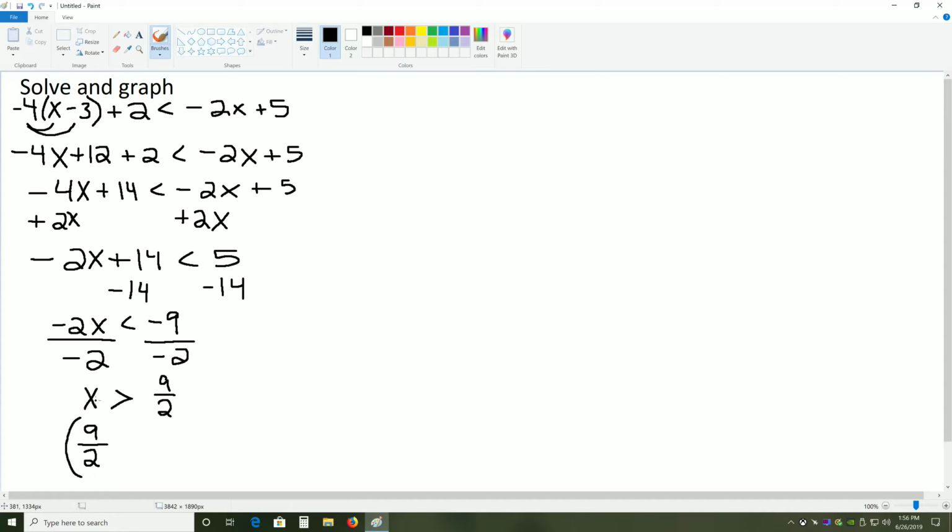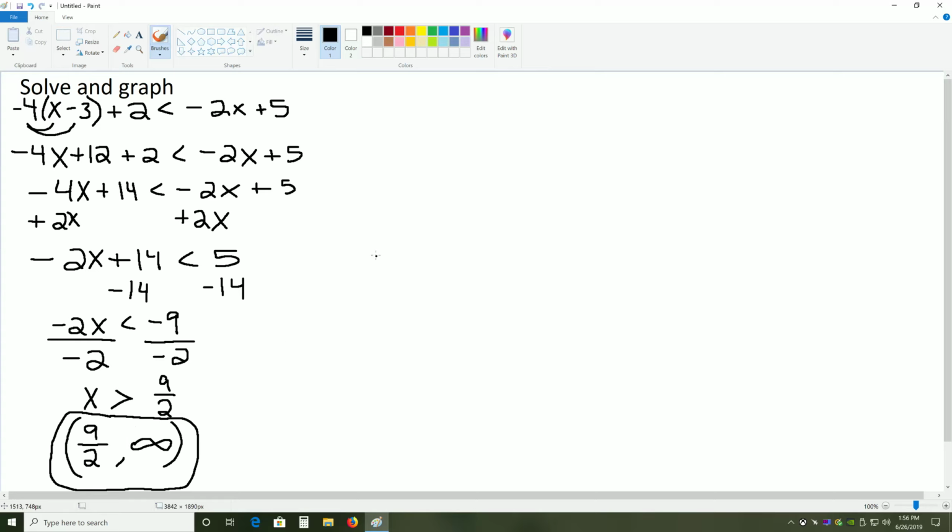And then because x is greater than this value, that means we go all the way to positive infinity, which always has a parenthesis with it. So parenthesis 9 over 2, comma, infinity, parenthesis, is our solution.